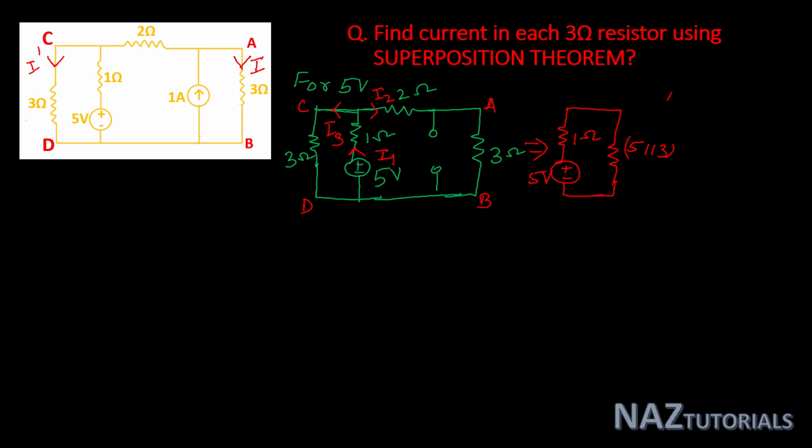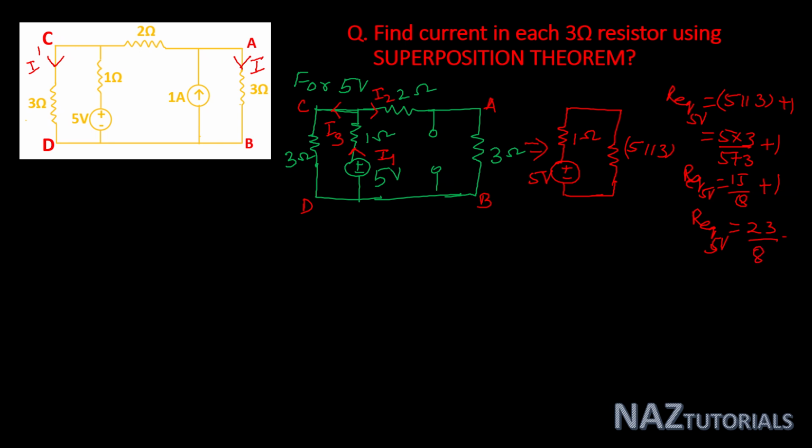So the equivalent resistance for 5-volt battery is 5 in parallel with 3 plus 1, or you can say 5 into 3 divided by 5 plus 3 plus 1. So the equivalent resistance for 5 volt, 15 by 8 plus 1, and the calculated value of this is 23 by 8 ohm.